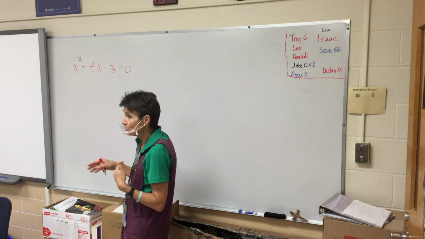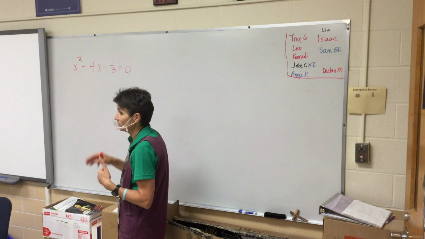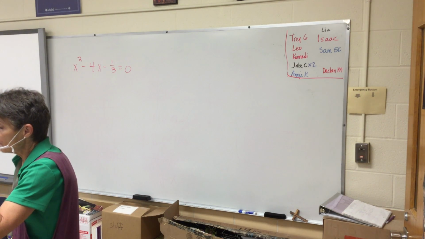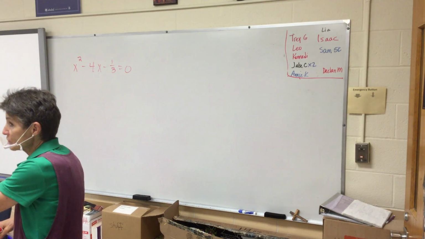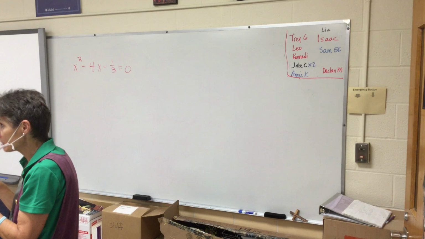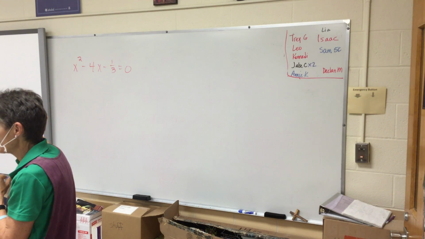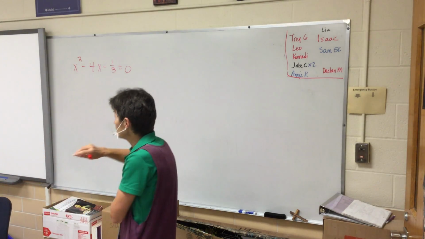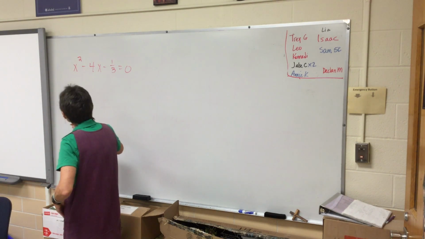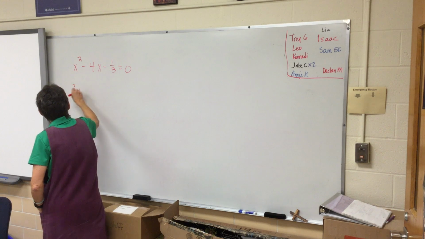So what would I do if I didn't want to deal with the fraction? Remember, quadratic formula is easy, but if you use this exact equation, you're going to have a fraction under that radical when you do b squared minus 4ac. So what might we want to do? Multiply everything by 3.